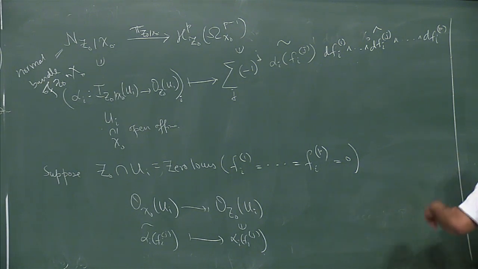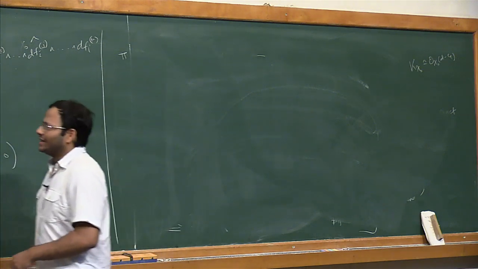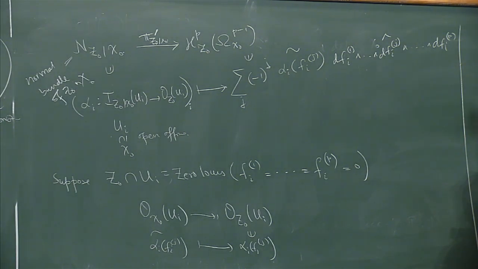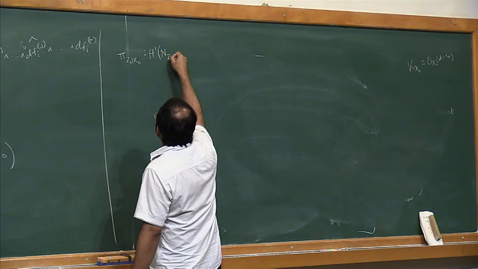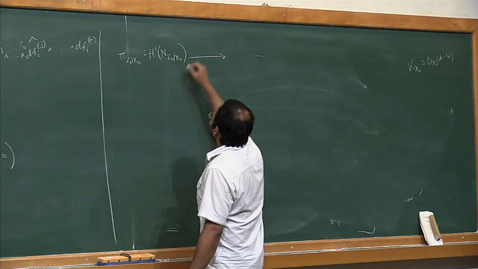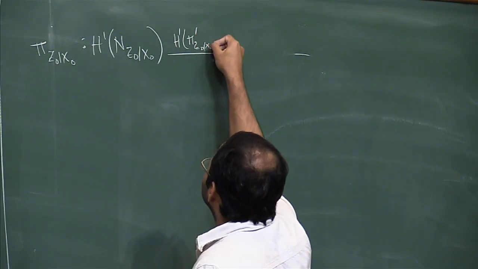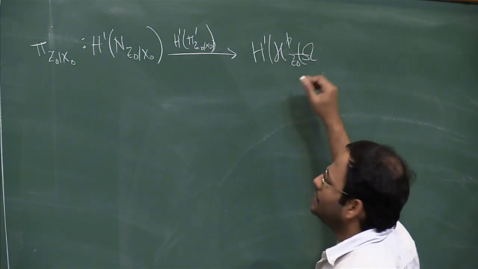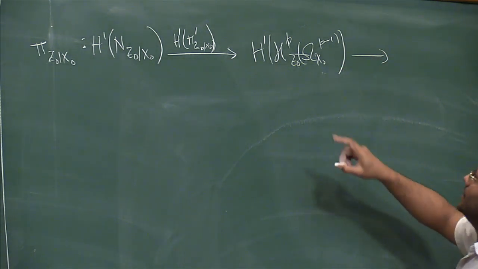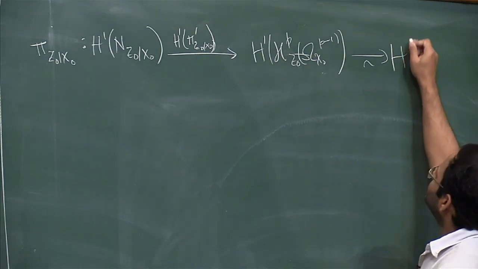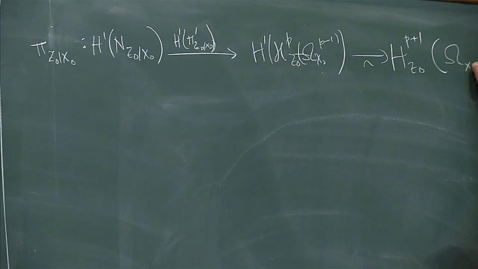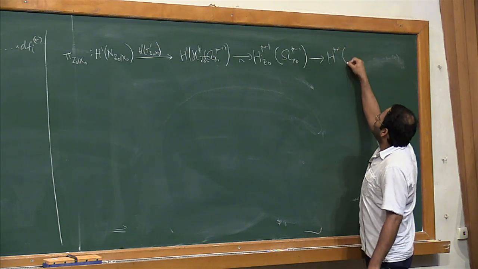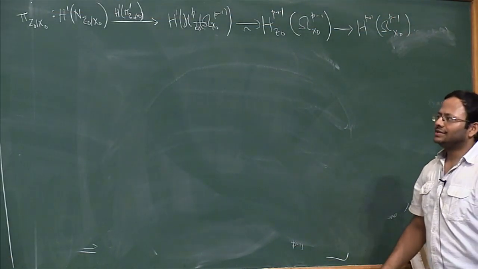Now, the semi-regularity map is simply, I apply this map, maybe I call this pi, going from H^1 of the normal bundle to H^P of, now we saw there that this should be isomorphic to H^{P+1}, and there is the natural map to H^{P+1} of Omega^{p-1}, and this is called the semi-regularity map.